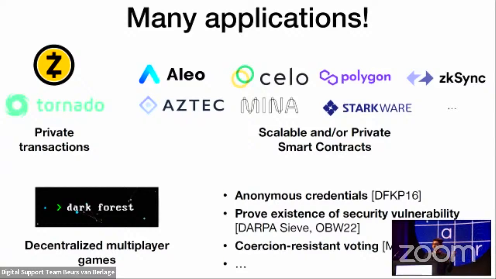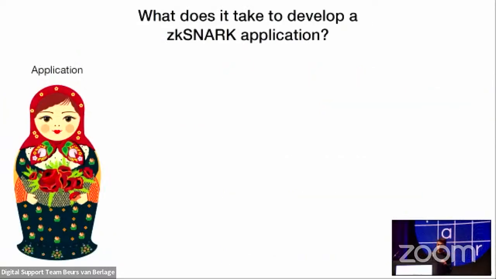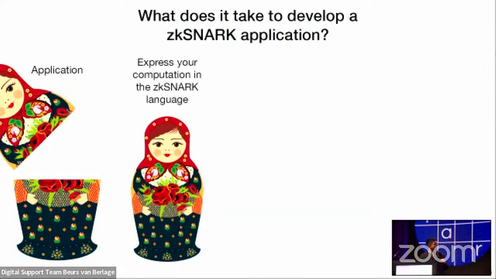But how do they actually go about developing these applications? And what are the various steps? Well, the first thing you have to do is figure out how to express your computation in a language that the ZK SNARK understands. Now, unfortunately for us, SNARKs don't natively understand C or Python. What they understand instead is what's called an algebraic constraint system.